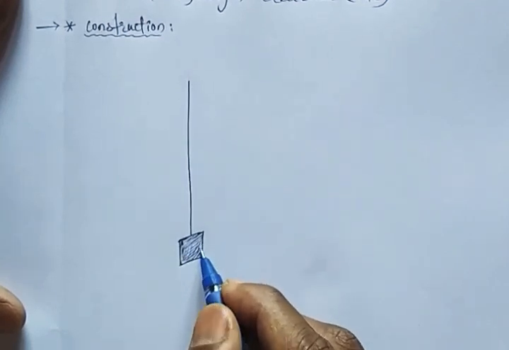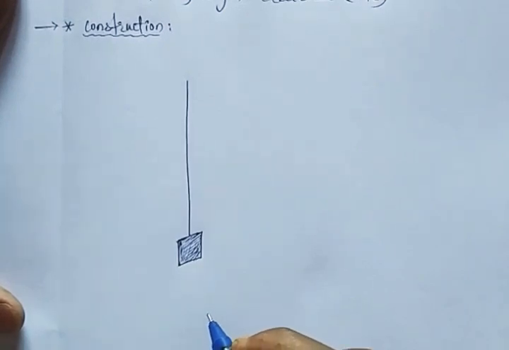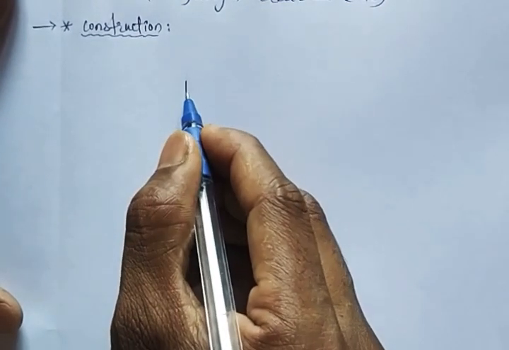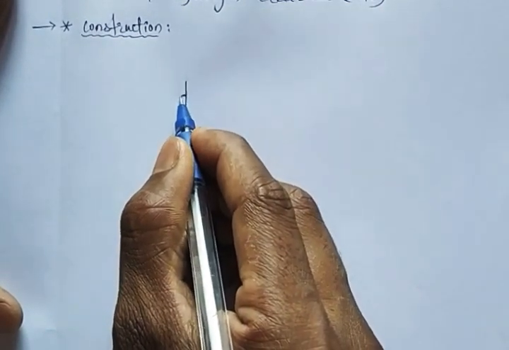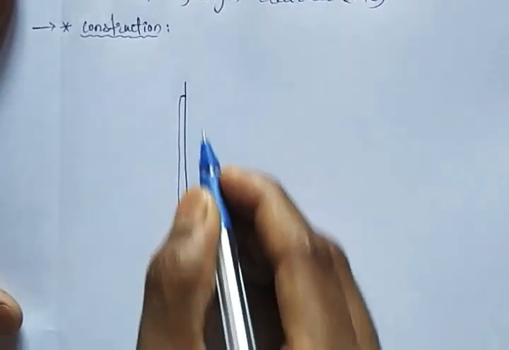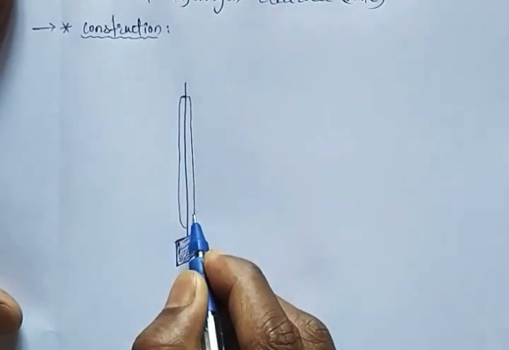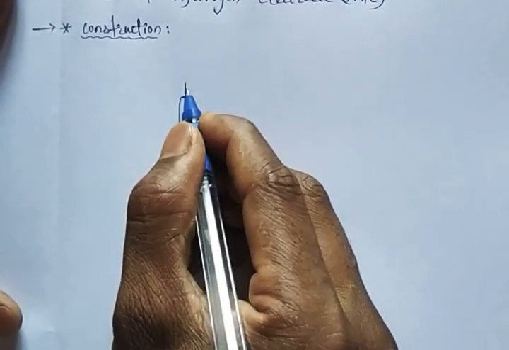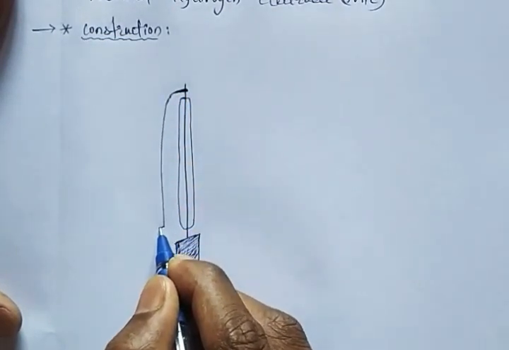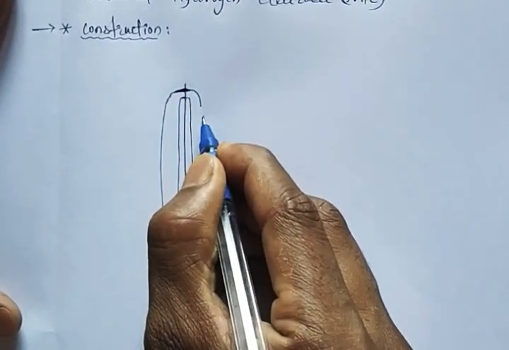The platinum foil containing finely divided platinum is coated on this surface. Now, this platinum wire is shielded in the inner glass tube, a small glass tube. The platinum wire is shielded in this, and this is covered by an outer glass jacket.